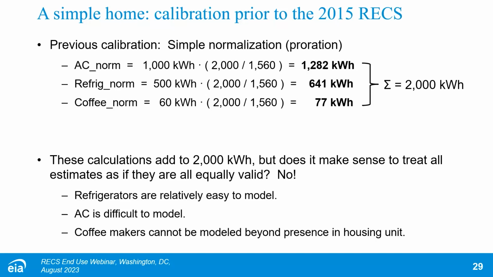And in fact, some are just innately more difficult to model than others. And so we think that we really ought to have different levels of uncertainty attached to each end use estimate or end use expectation that comes from our models. And so we're going to now move forward and look for a calibration approach that can exploit and take advantage of these different uncertainties.